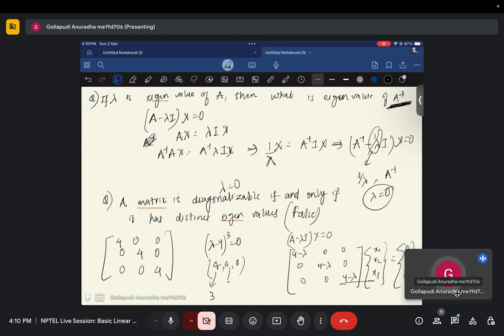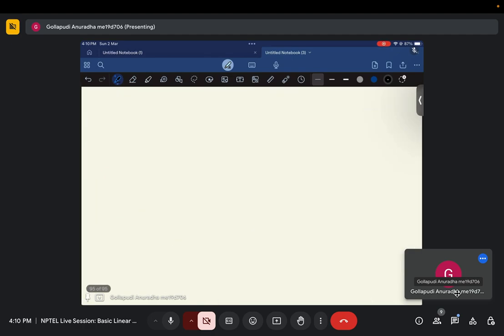So from this equation, what are you getting? You don't have any equation, so everything has to be arbitrary here. So basically, you'll be getting the eigenvectors as 1, 0, 0, and so on.